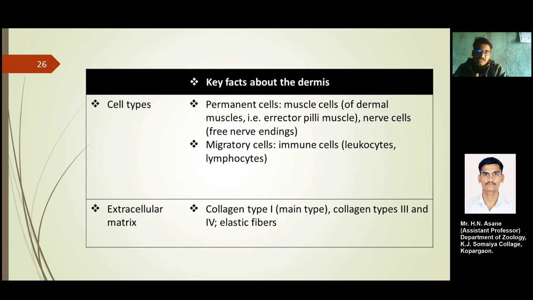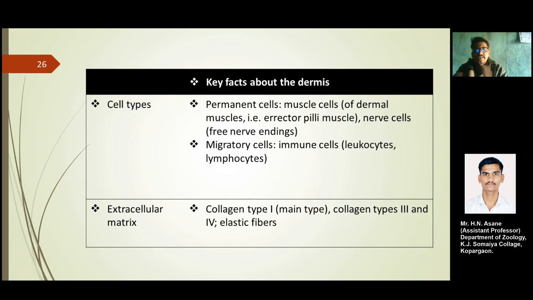So the cell types in the dermis region are permanent cells, that are the muscle cells of dermal muscles, that is the arrector pili muscles. Nerve cells are also present, having free nerve endings in the dermis region.